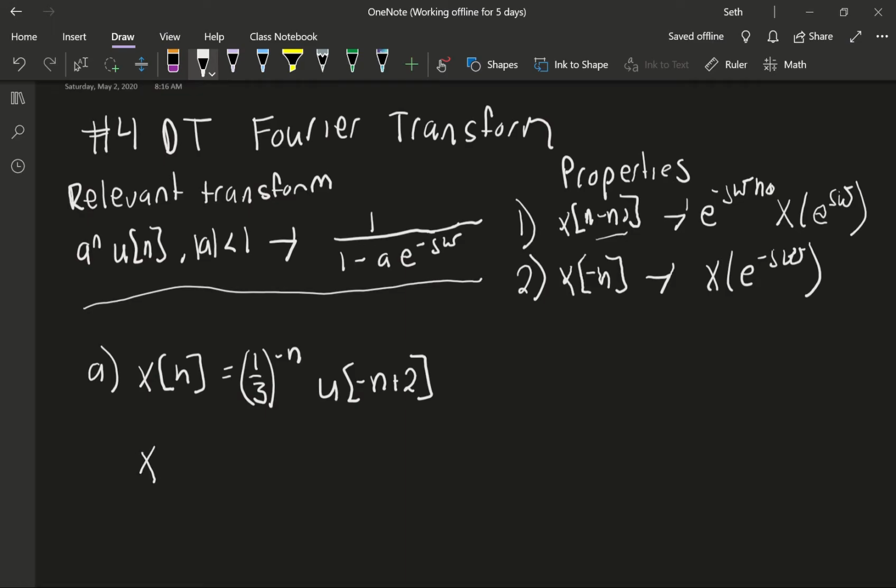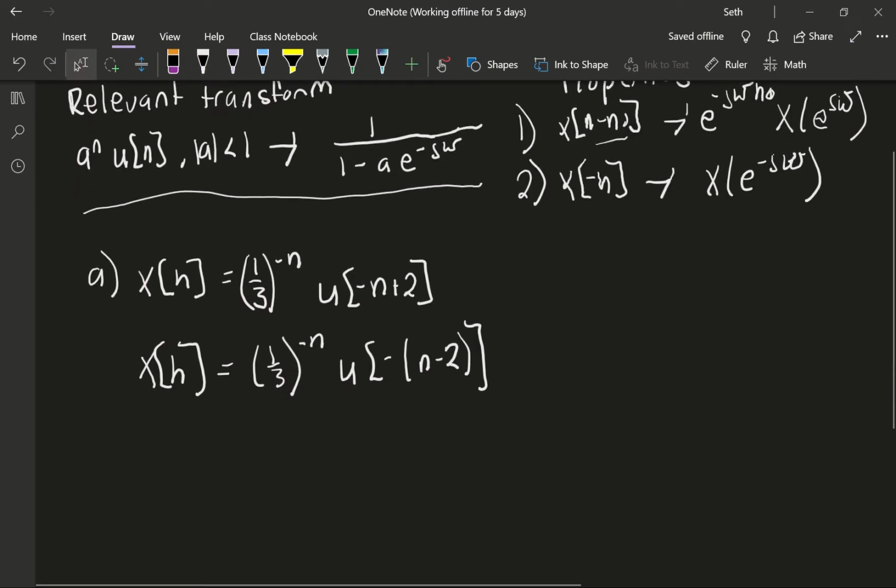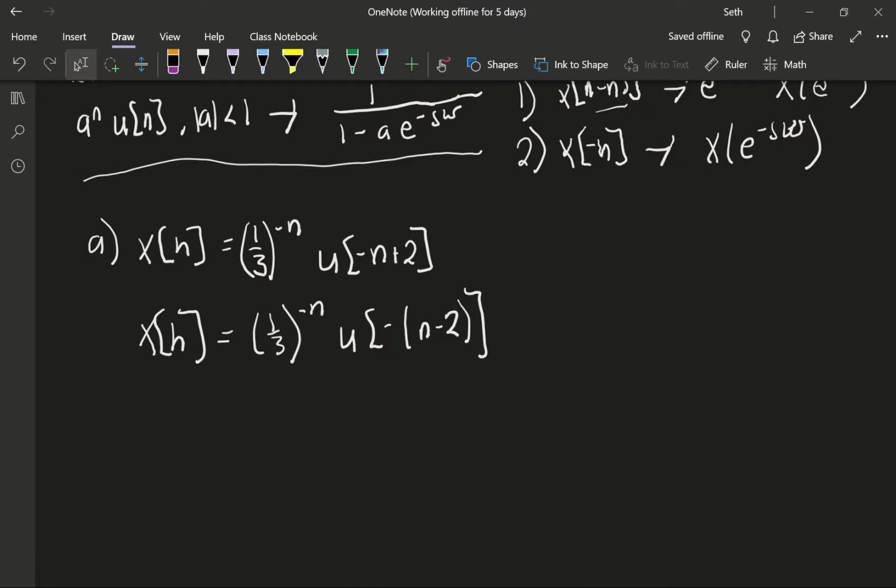So let's write x of n is equal to (1/3)^(-n) times u of (-n - 2). Okay, so that looks good, the unit step function, that is. However, we need the same time shift in all areas of the function.